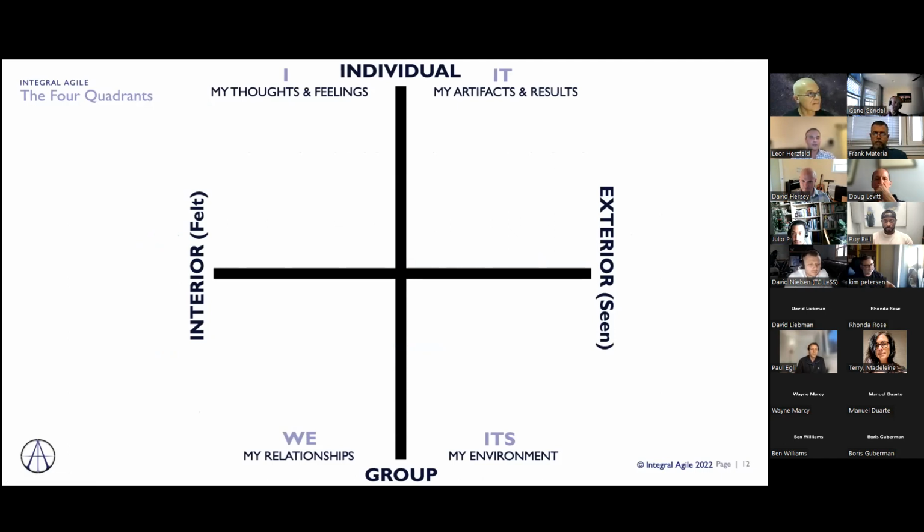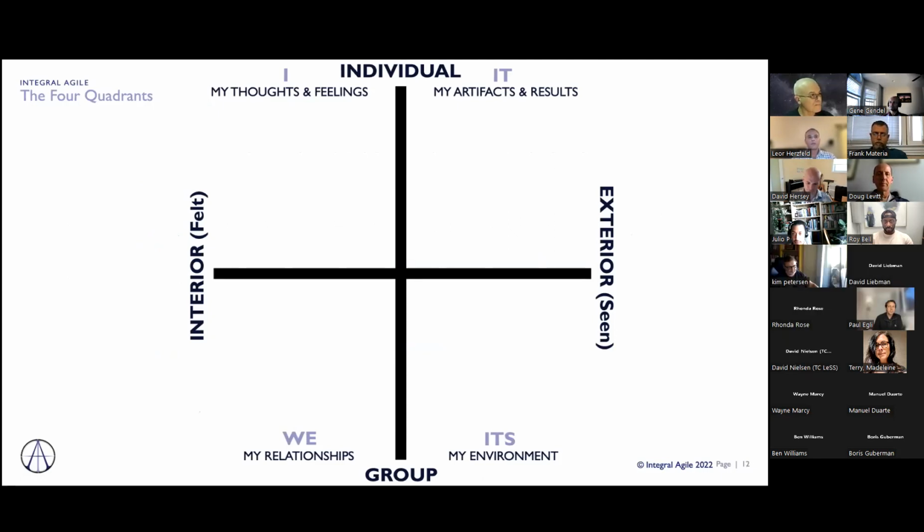So the other thing I'm going to teach you, and we're going to run an exercise on this in a couple of moments, is looking at the world through what's called the four quadrants, or the four different perspectives. We all have these four perspectives that we appreciate the world through on a day-by-day basis. Everything on the left-hand side here is something on the inside. It's something that we experience, it's felt, but it's not something that's visible.